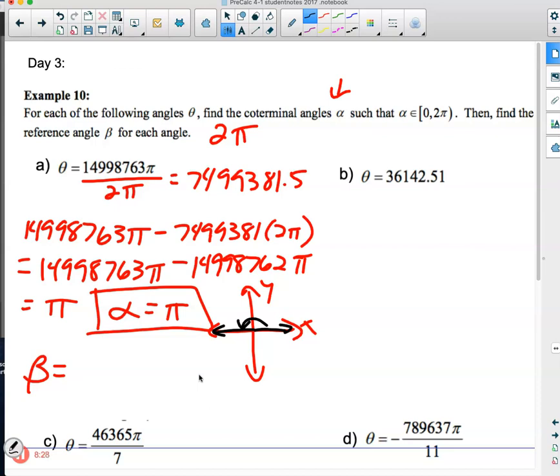And reference angles are how far away from the x-axis you are. Well, we're away 0, which really means that we have no reference angle. And that's because we have no reference triangle.